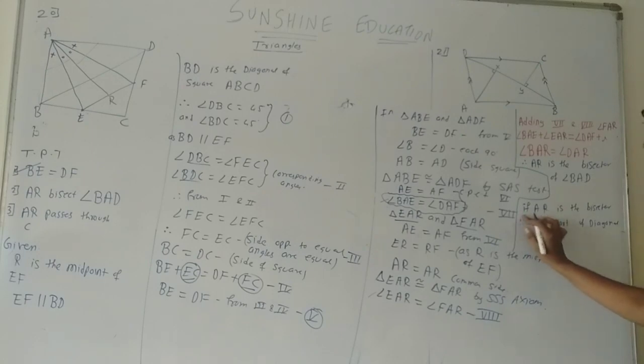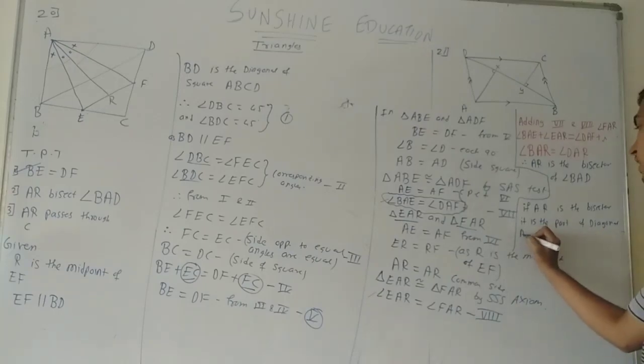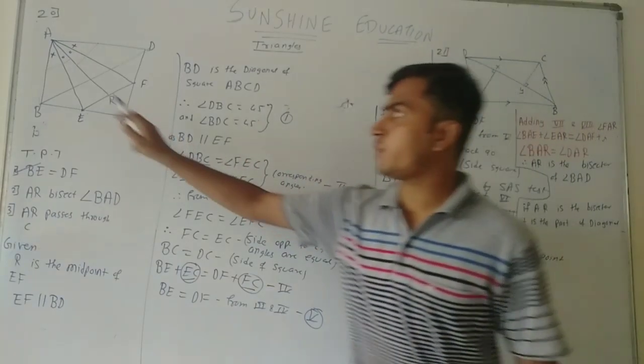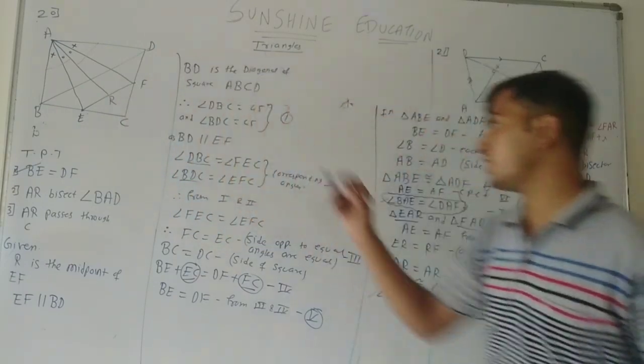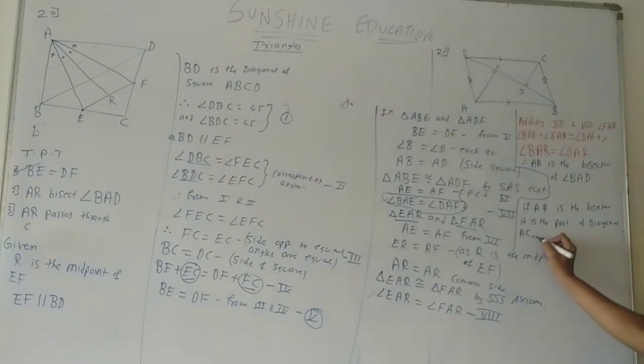If AR is the bisector, then it is part of the diagonal AC. Therefore, I can say that AR passes through C. Okay. So it is very much important.